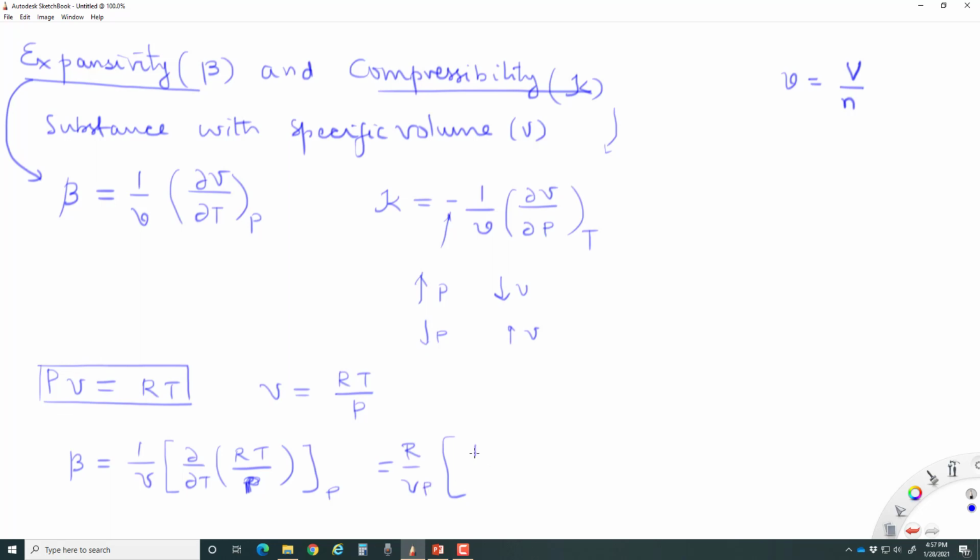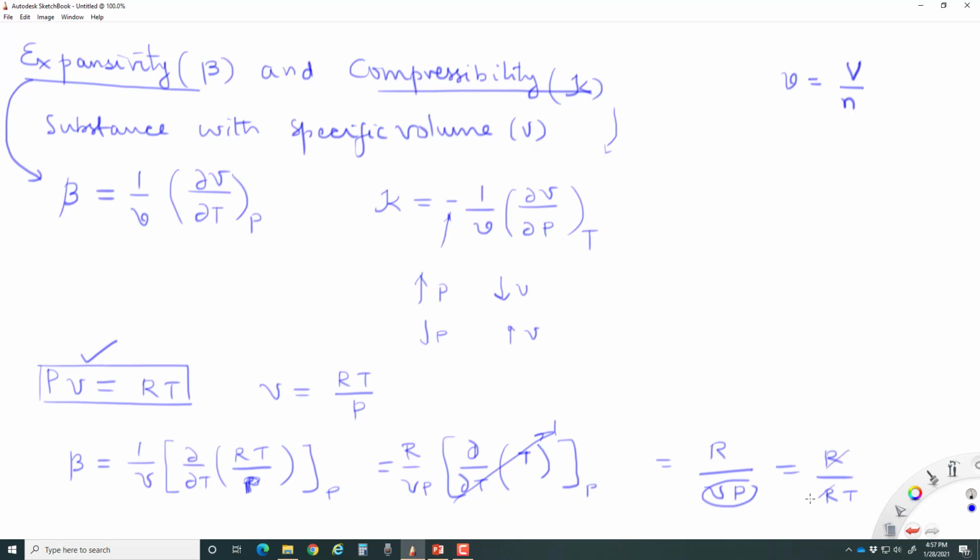Then we have del T, and we're taking the derivative with respect to T at constant pressure. The derivative of T with respect to T is 1, so we have R over V times P. And we know from the ideal gas law that PV is equal to RT, so we can replace VP by RT.